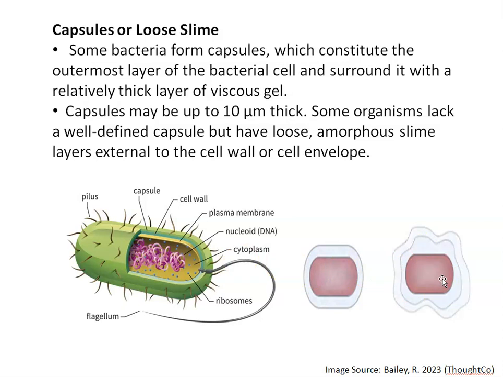Capsule may be up to 10 micrometer thick. Some bacteria lack well-defined capsule but have loose, as you can see here in this diagram, loose amorphous slime layers external to the cell wall or cell envelope, right?